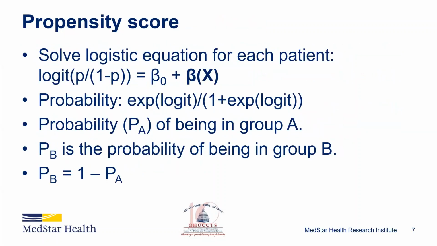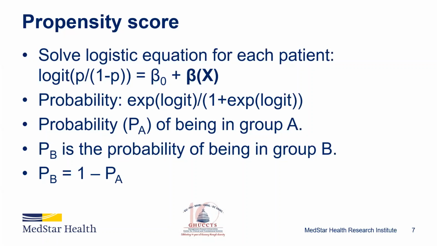So the propensity score, of course, is you solve the logistic equation for each patient, and then you can calculate a probability. So if we want to calculate the probability for group A, our probability is the exponent of the logit equation divided by 1 plus the exponent of that equation. So that's the probability of being in group A.